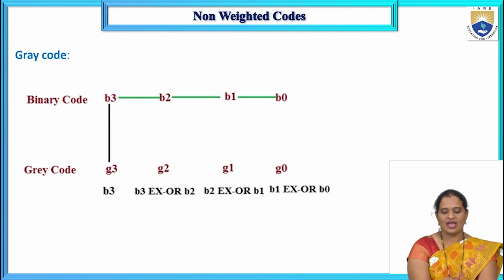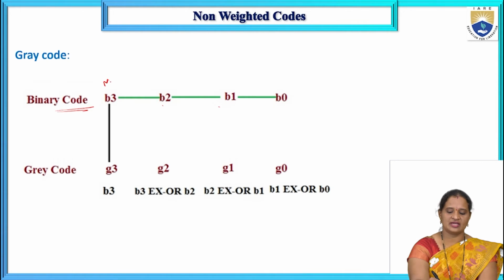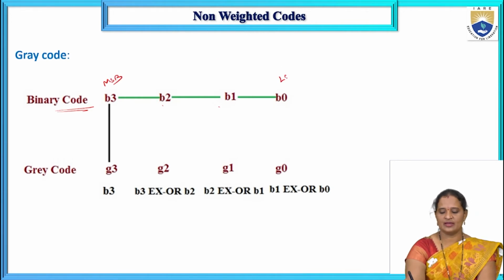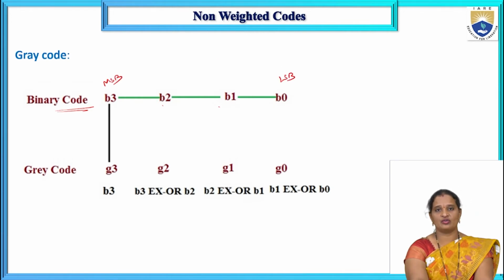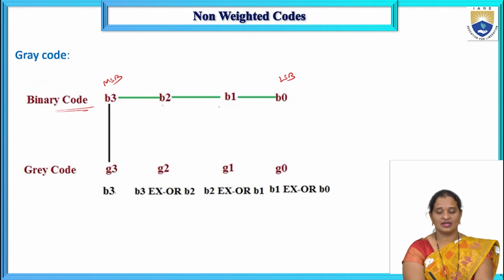Here we have a binary code of 4 bits, B3, B2, B1 and B0, where B3 is the MSB and B0 is the LSB. Now I want to generate the equivalent gray code for this one. The MSB in binary is equivalent to the MSB in gray code. So we can directly take B3 as the MSB of the gray code.